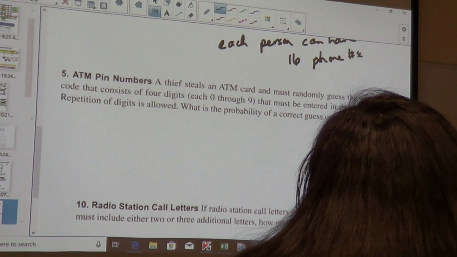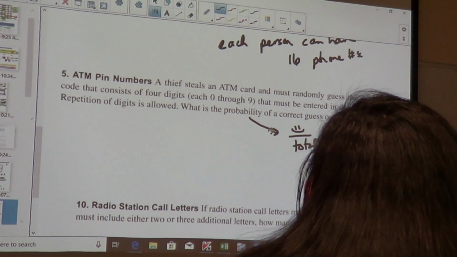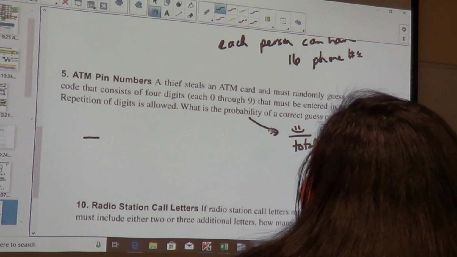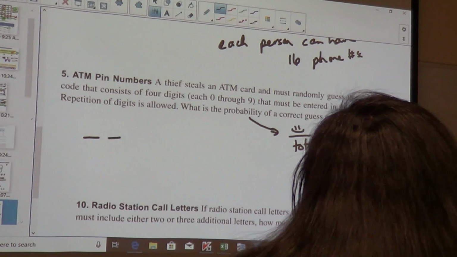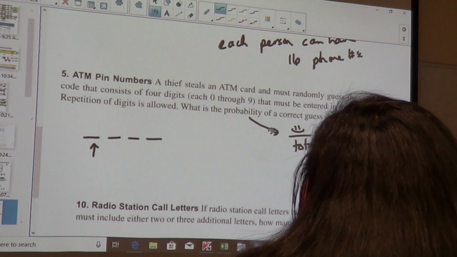So, probability means what makes me happy over total. So I've got to figure out how many total tries, how many total answers there are. So, how many choices do I have? How many slots do I have? I have 4 slots. How many choices do I have for the first answer? 10.